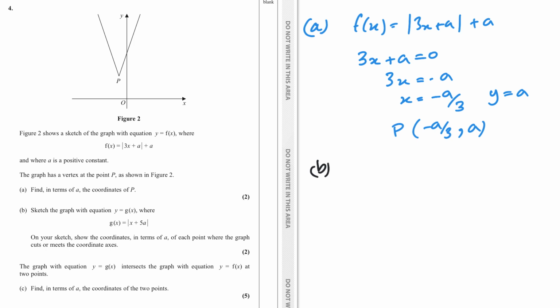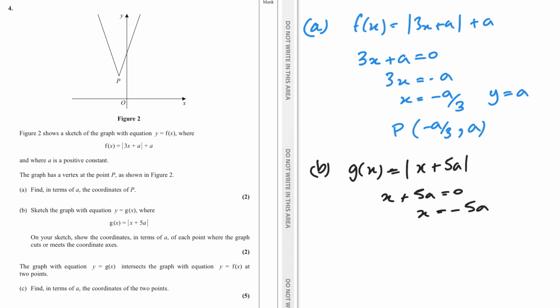Okay, part B, g of x equal to mod x plus 5a. So this is going to be only positive, so it's going to stay above the x-axis. Its smallest value will come when inside the modulus is equal to 0, so that'll be when x equals negative 5a.